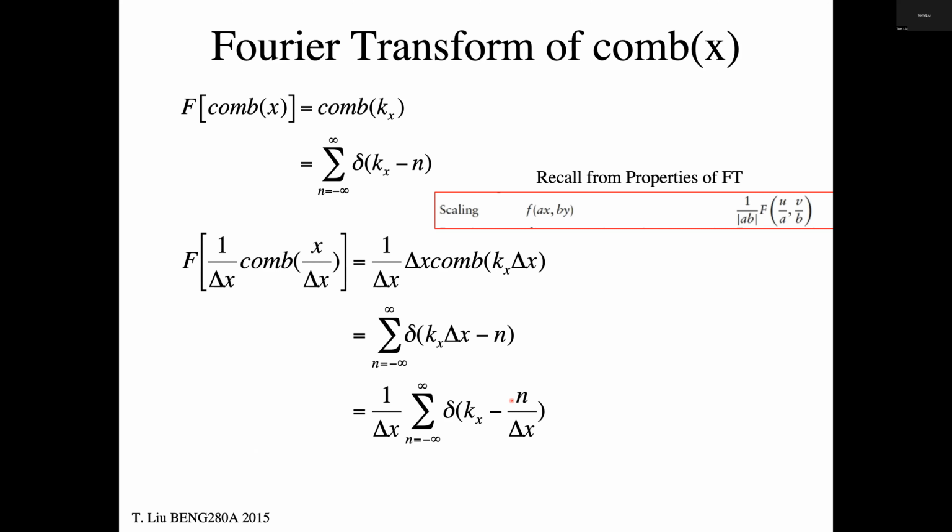And if I have a comb function in the variable x, when I take its Fourier transform, I get a comb function in kx, or spatial frequency, right? And that's an interesting phenomenon, right? That a set of spikes, when you take its Fourier transform, you ask, well, what are the frequency components in that set of spikes? You go into the Fourier domain, and it's a set of spikes.